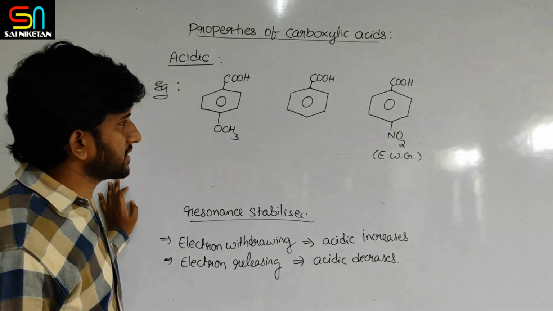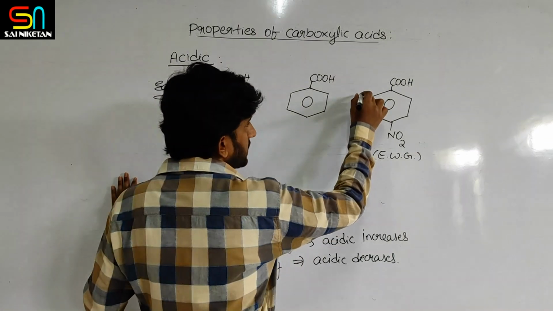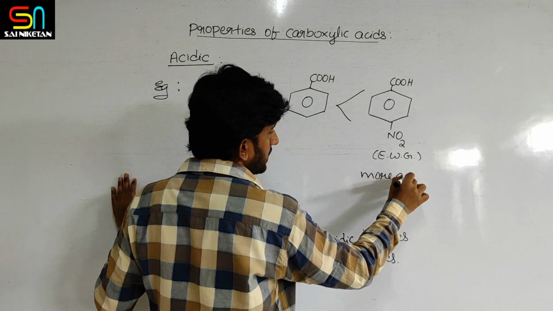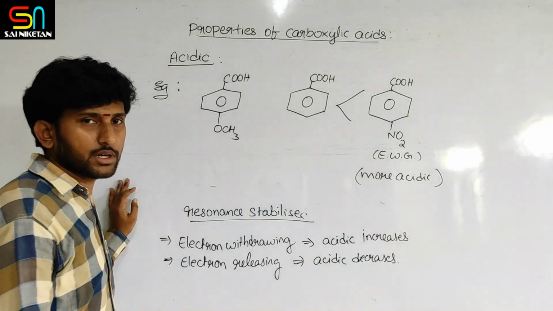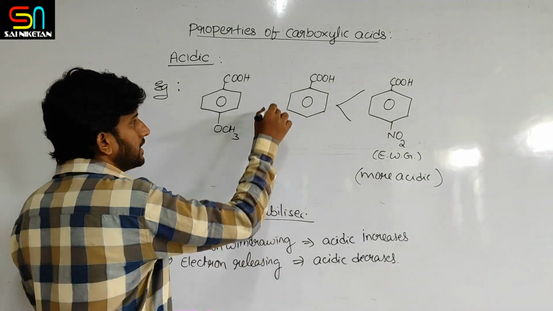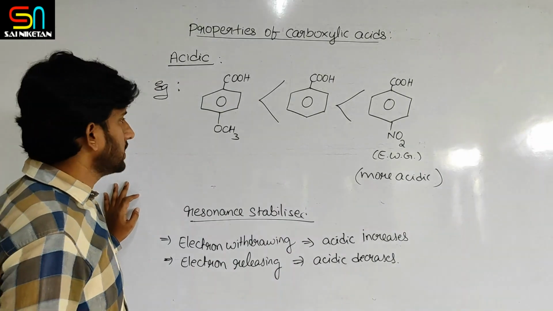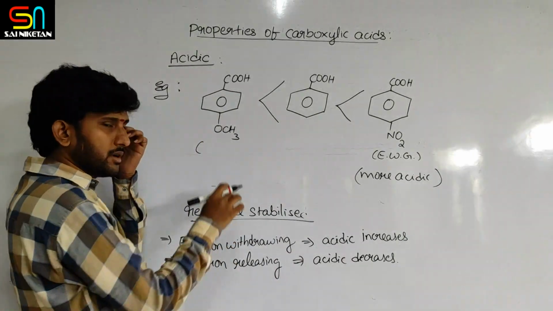It stabilizes the benzoate ion more. So automatically the acidic character is more for paranitro benzoic acid than the normal benzoic acid, and than paramethoxy benzoic acid.